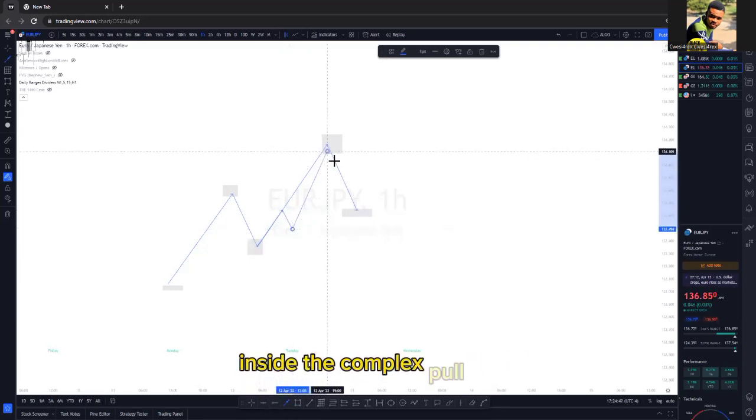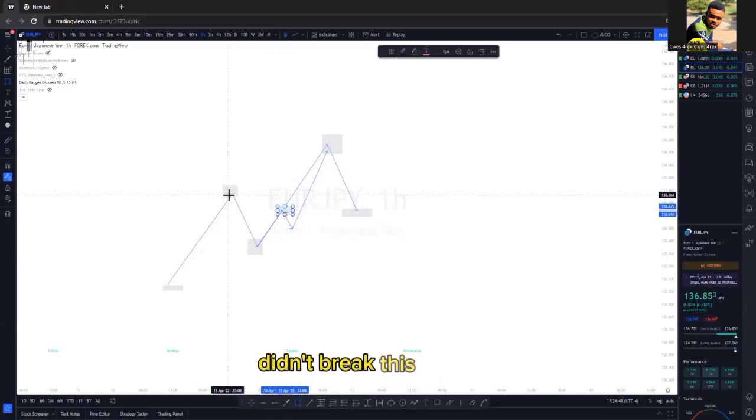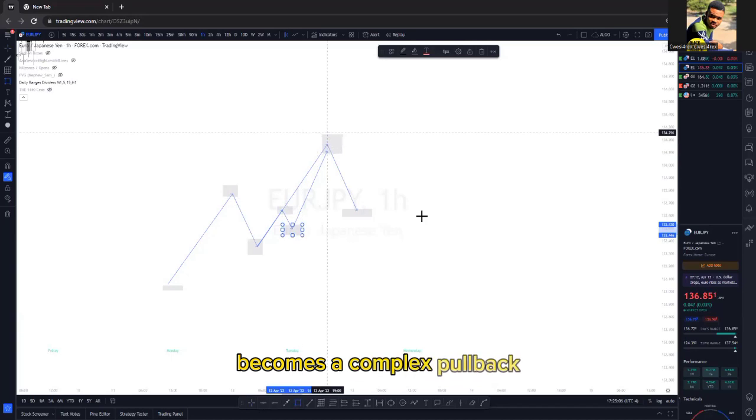It's a complex pullback because this move over here didn't break this H4 high. This H1 move, which is a high on the H1, didn't break this H4 high, so it becomes a complex pullback.